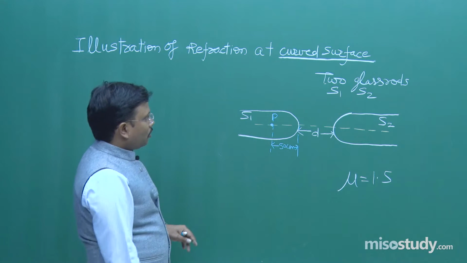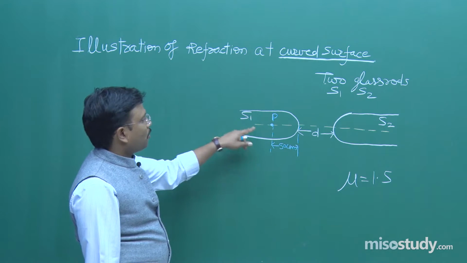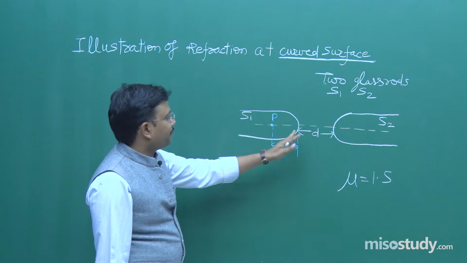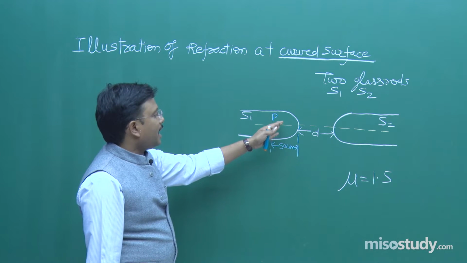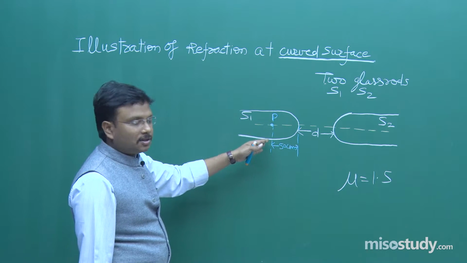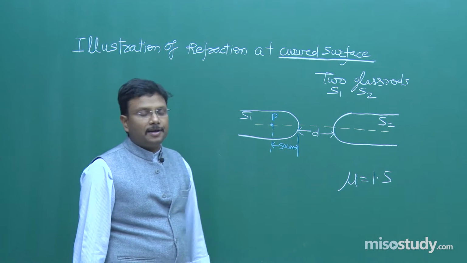Once again, the situation: two glass rods S1 and S2, refractive index 1.5, separated by a distance d, a light source P placed inside rod S1, and the distance from this point to this point is 50 centimeter.